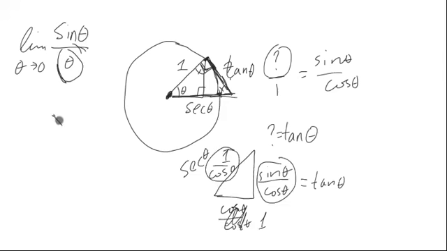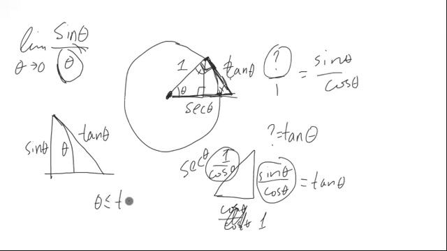If we round the corner and then go straight down, the line over here is tangent, the line coming straight down is sine, and this arc length is theta. Notice how tangent is longer than theta, but sine is shorter. So we get a nice inequality.